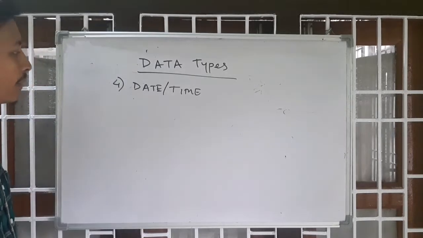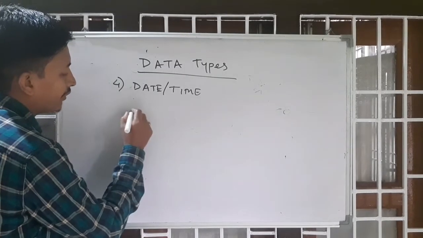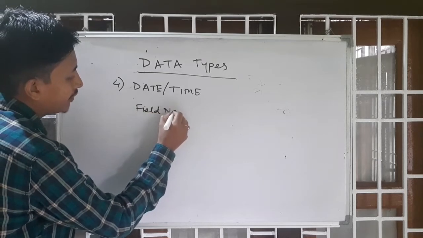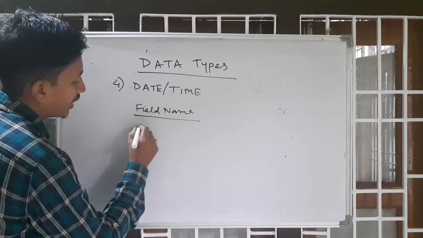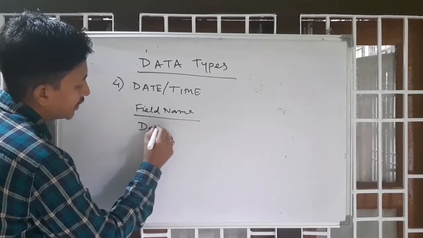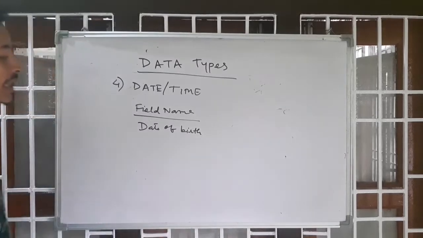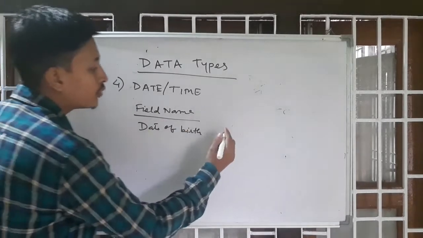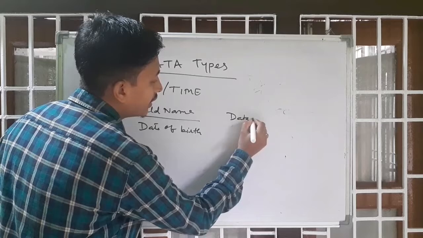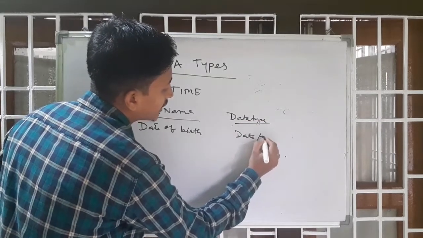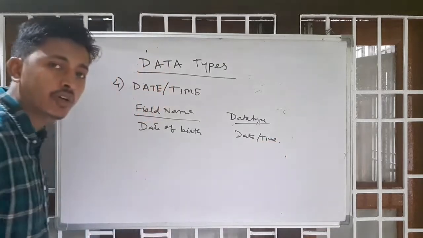Okay. Now, for example, in any field, for example, the field name is like date of birth. So in date of birth, we have to use what data type? The date and time. Date/time. Okay.